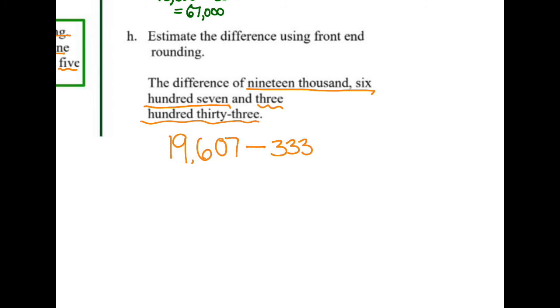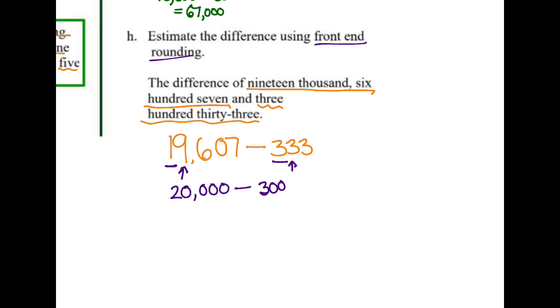Okay, using front end rounding, so we want to round to this place using the 9. 9 rounds up, so that means we're going to change to 20,000. Minus. Front end rounding, the first 3, we're going to use the second 3. 3's round down, so that number becomes 300.